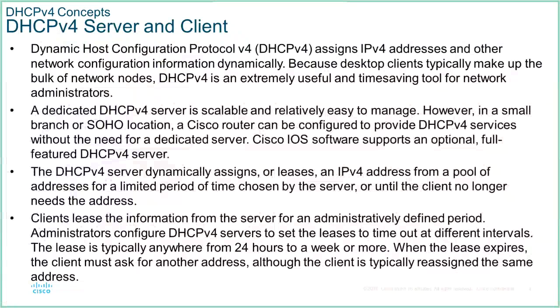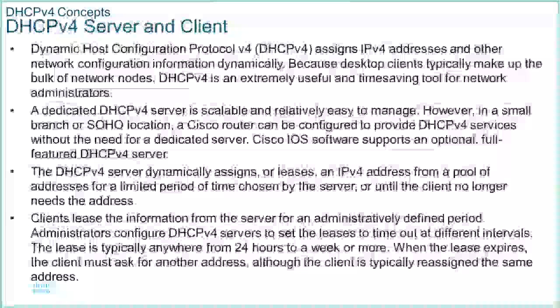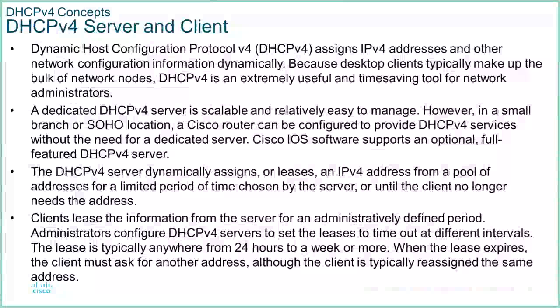You define the pool, define how long the lease is going to be, and as they join, they go through the joining scenario, which we'll talk about how that all works.